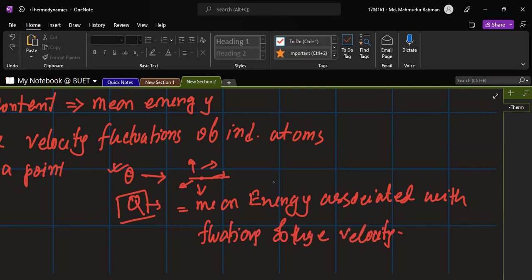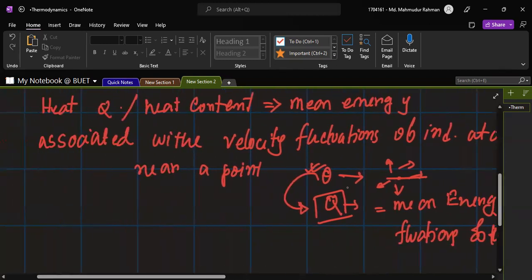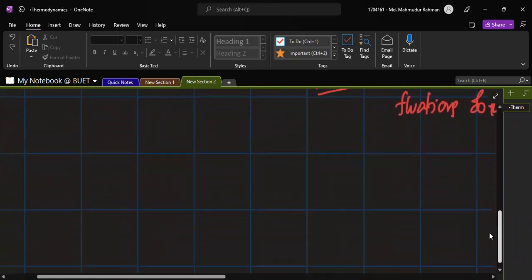So we have two quantities: temperature, which tells us about the mean fluctuations of the velocity near a point, and another quantity, heat content, which gives us the mean energy associated with this temperature. Now let's move on to the next topic.